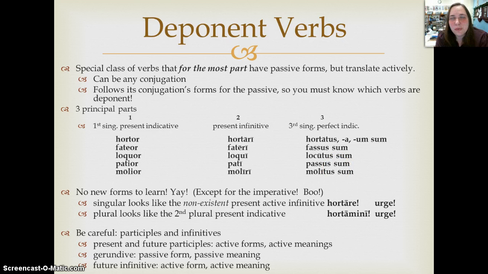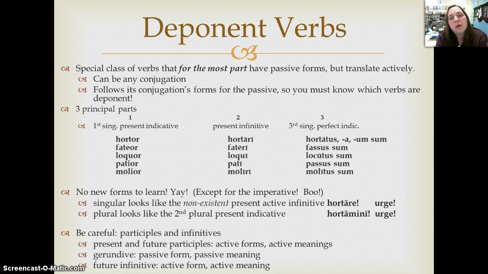Yay! Well, except for the one new form that you have to learn, which is the imperative. Boo! So how do you form a passive imperative? Well, you haven't learned how to form a passive imperative yet because they're really actually not that common. Really, the only time you're going to see the passive imperative is when it's for a deponent. So that's why you're learning it now. The singular imperative looks like the non-existent present active infinitive.